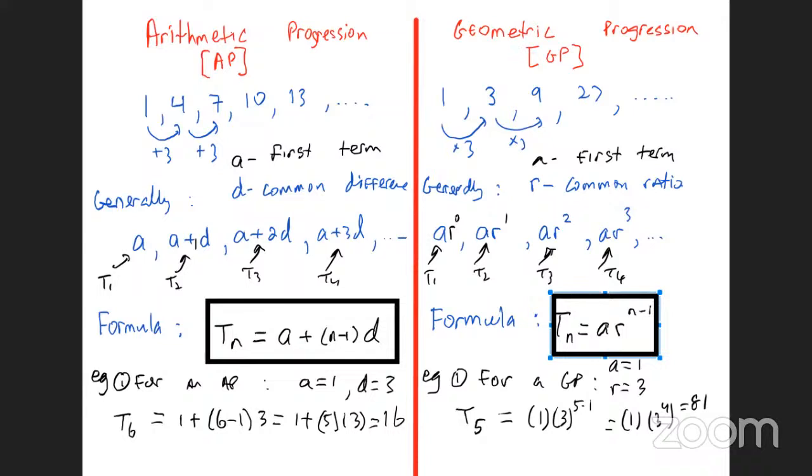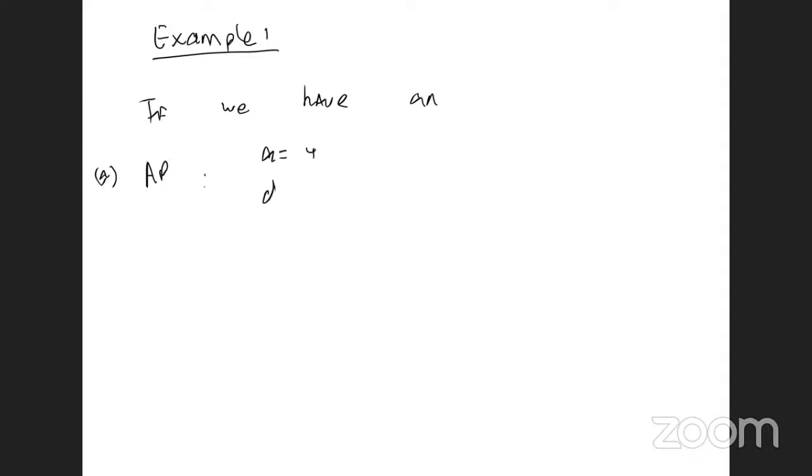Just one more, then we stop just now. If we have an AP, the first term is 4, common difference, try a minus this time.